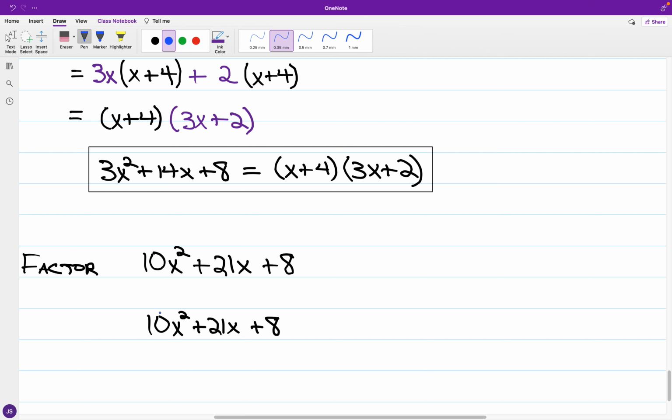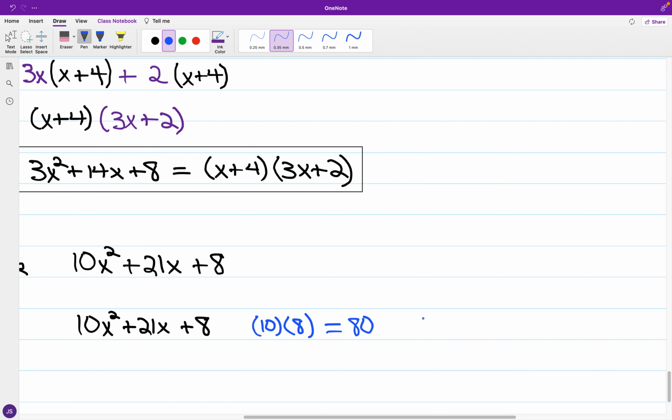If we repeat the procedure of multiplying the first and the last coefficients, 10 is the first and 8 is the last. So we have 10 times 8 is 80.